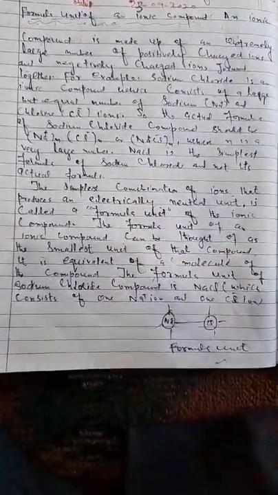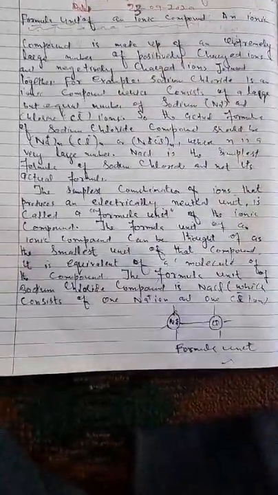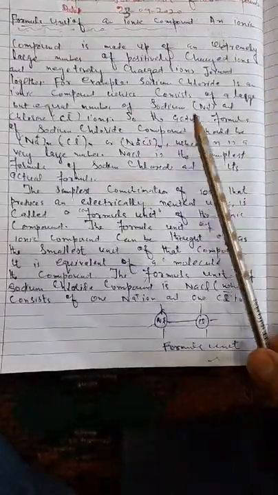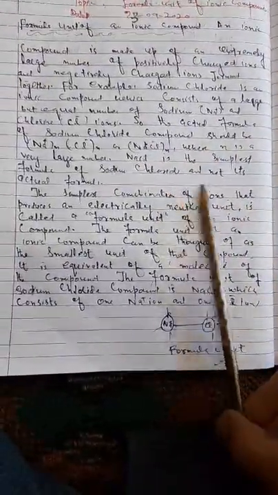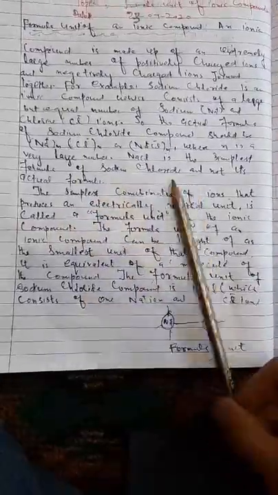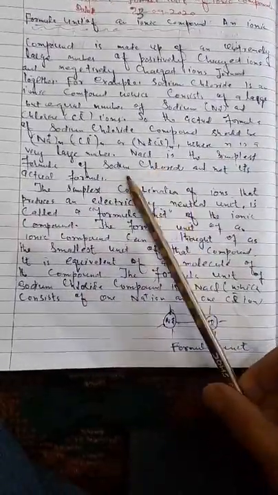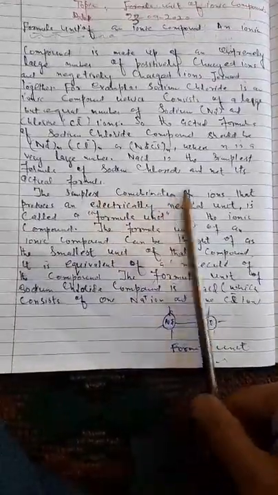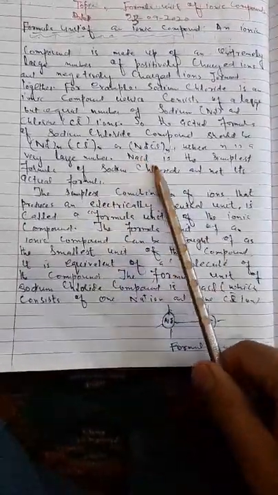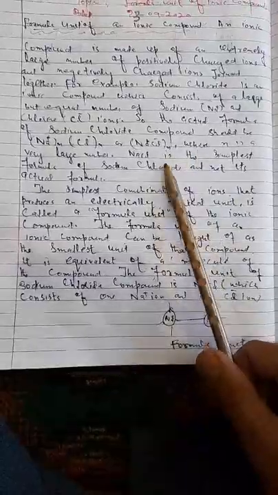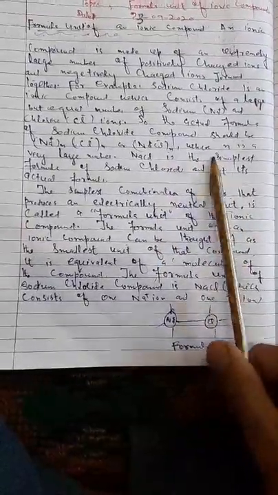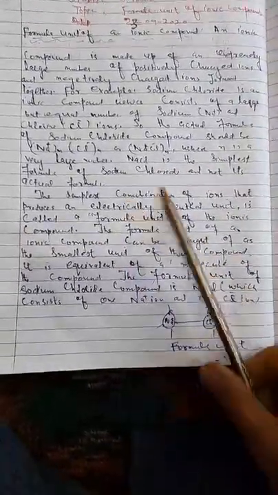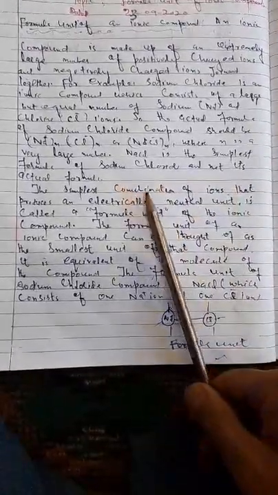Here n is a very large number, which we generally cannot count. NaCl is the simplest formula of sodium chloride.